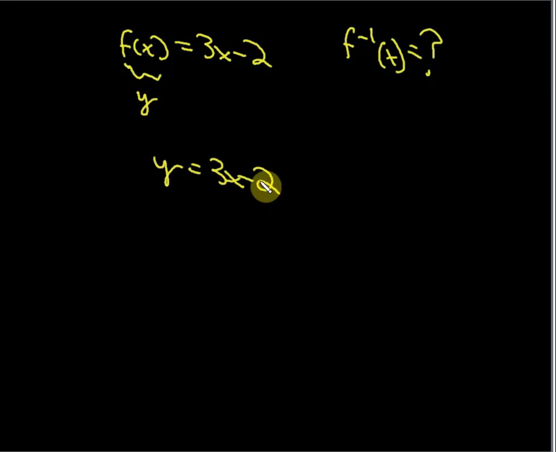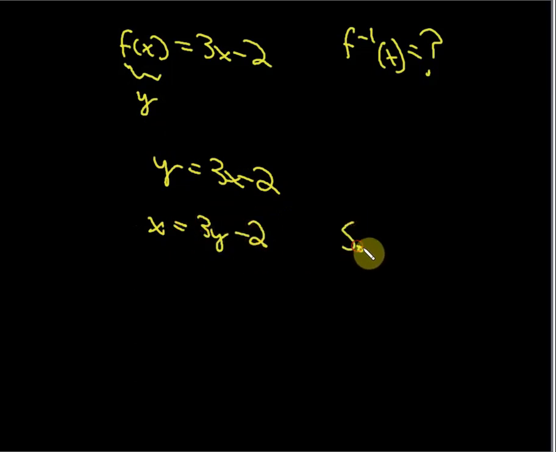Right? And then what we want to do is find the inverse. So we want to start letter swapping. So replace all the x's with y's and all the y's with x's. So then this becomes x equals 3y minus 2.